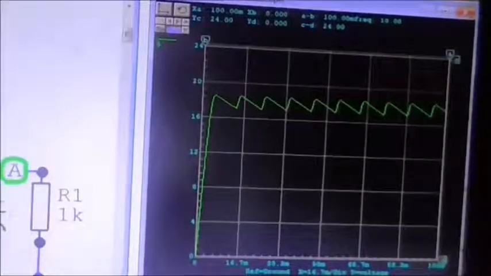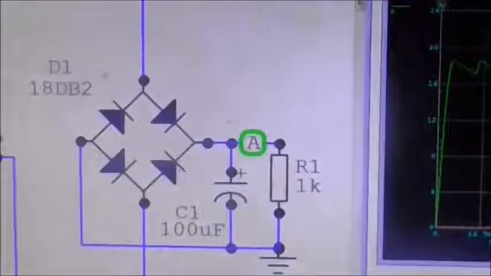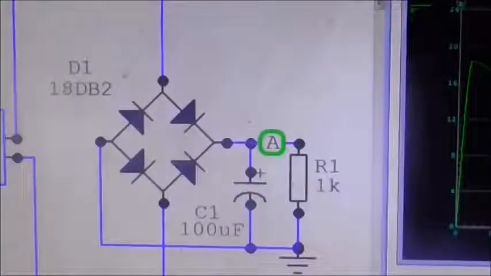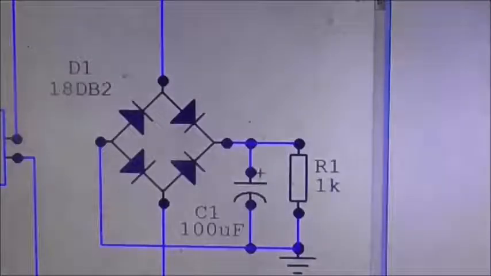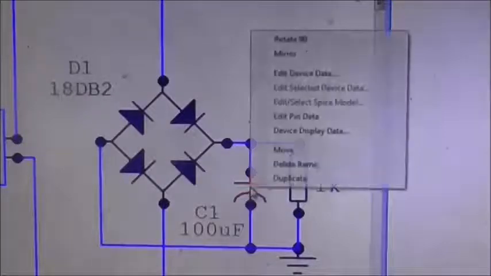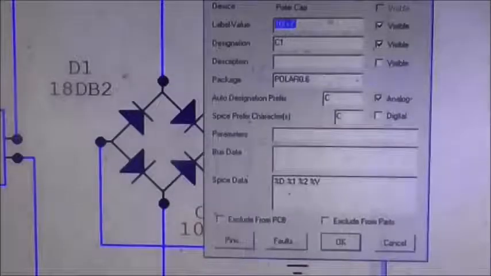So what we're going to do is we're going to stop the run, and we're going to change the value of the capacitor yet again, and we'll make it 1000 microfarads.